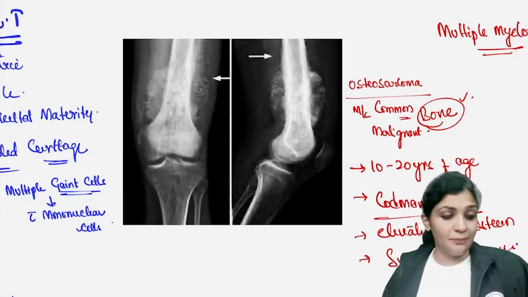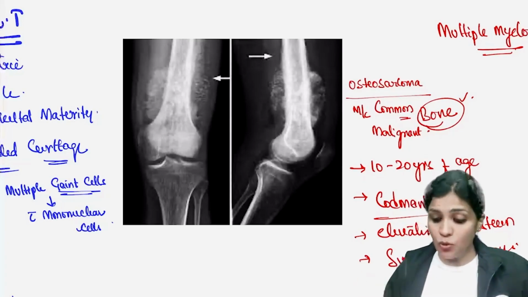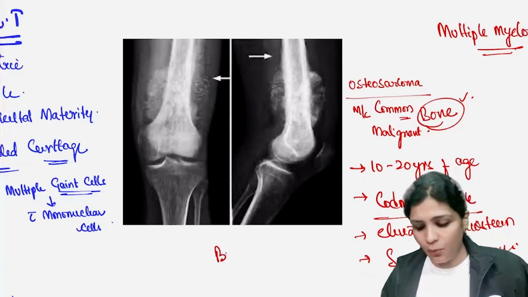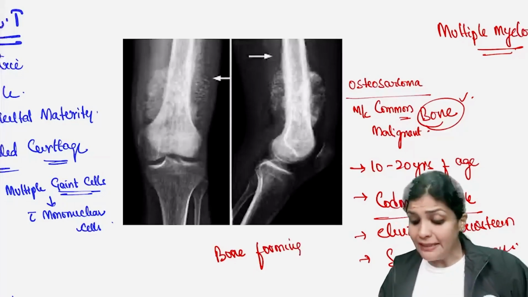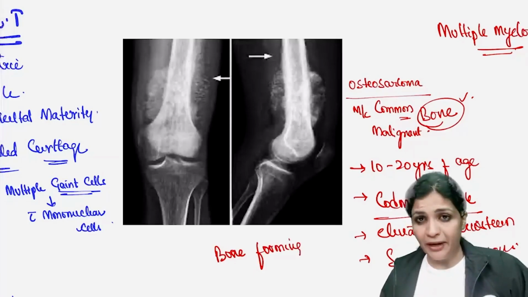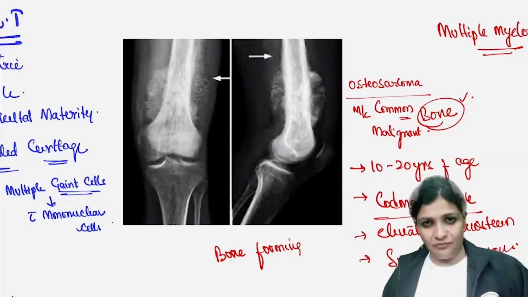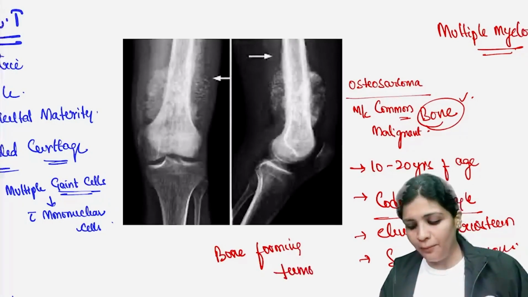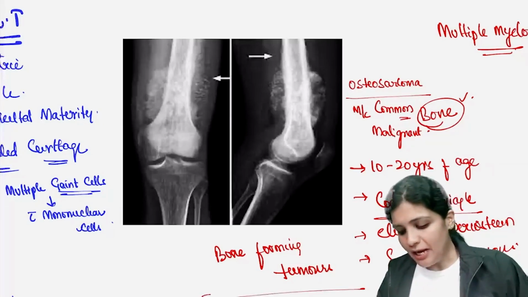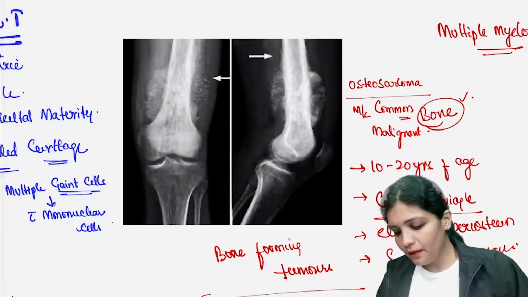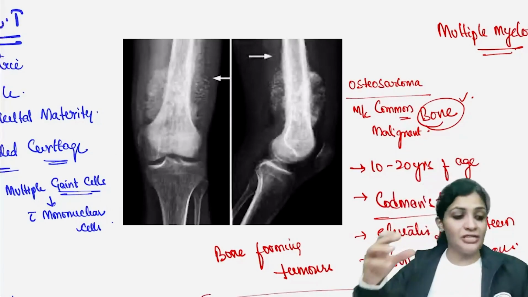So what is the sunburst appearance? As you all know, osteosarcoma is a bone forming tumor. That means this tumor will form bone. This bone or calcification is formed along the vessels or the Sharpey's fibers.